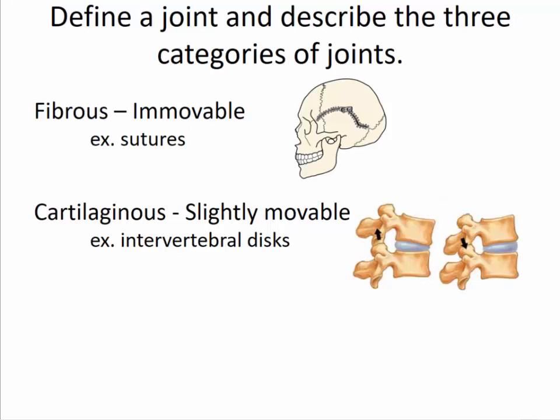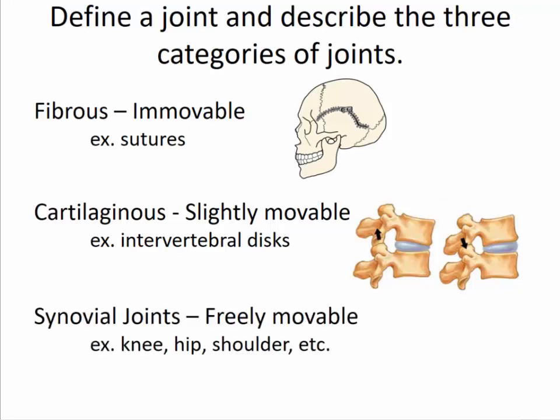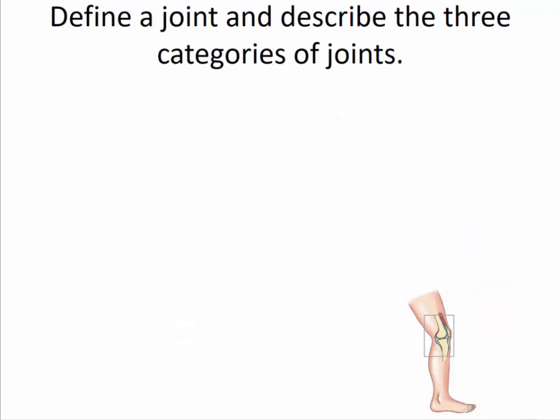We mentioned that the joints between the bones, the vertebrae, are slightly movable because the intervertebral discs allow for a slight movement of the vertebrae up against each other. And then synovial joints are freely movable joints, joints that we're more used to, like the knee, the hip, the shoulder, etc.